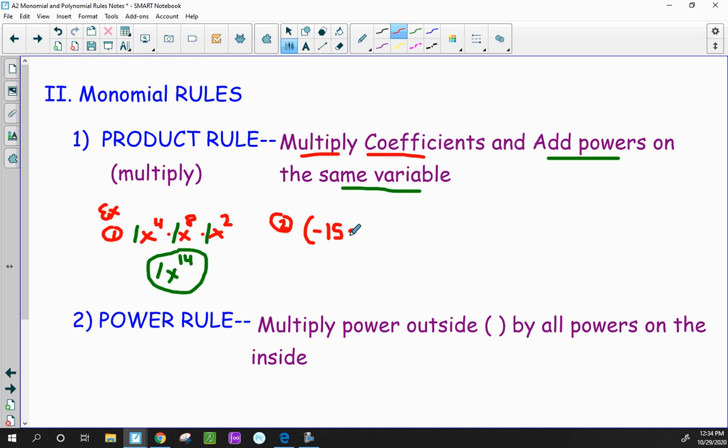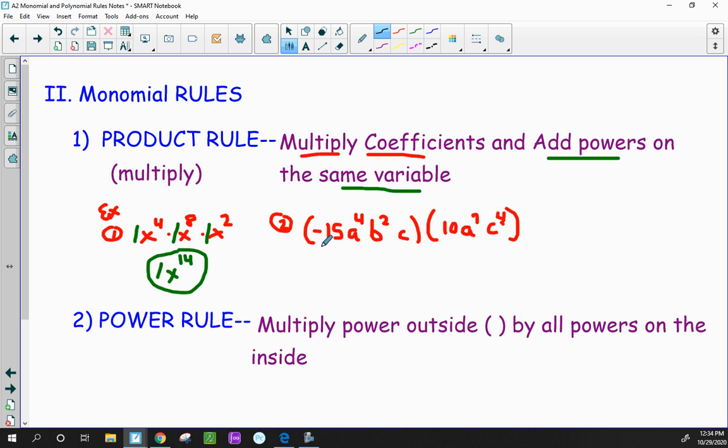Negative 15, a to the 4th, b to the 2nd, c, times 10, a to the 7th, c to the 4th.